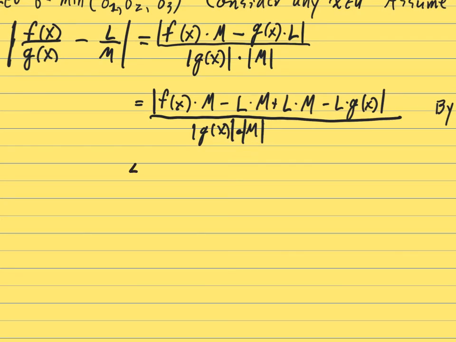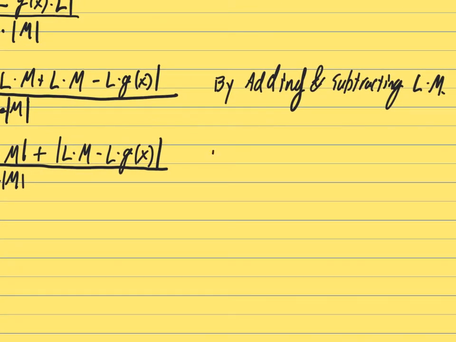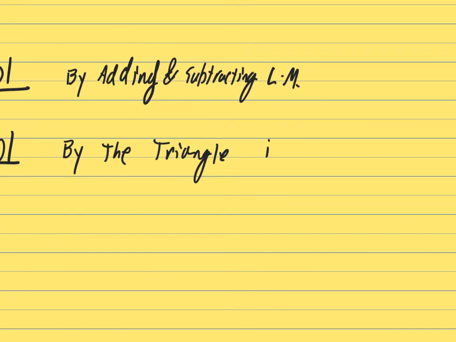This is now less than or equal to, using the triangle inequality, absolute value of f of x times m minus L times m plus absolute value of L times m minus L times g of x divided by absolute value of g of x times m, by the triangle inequality.